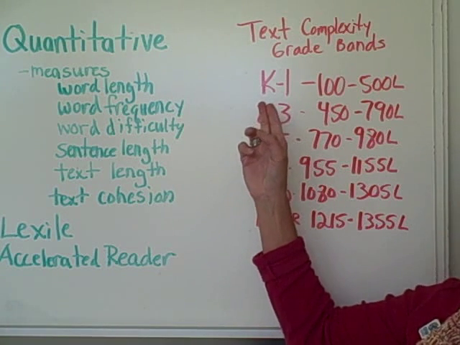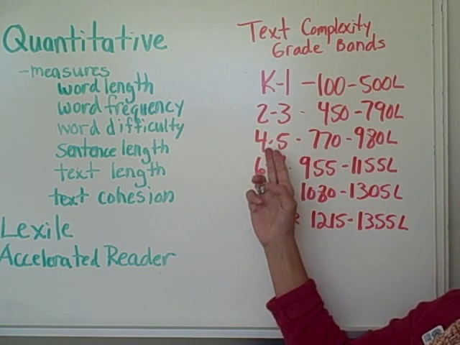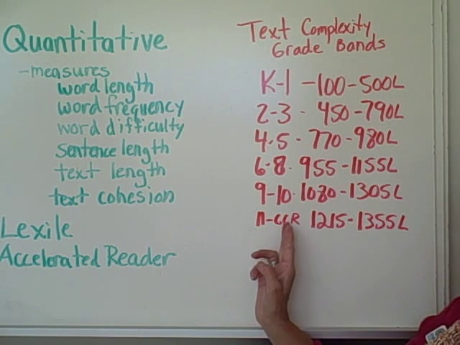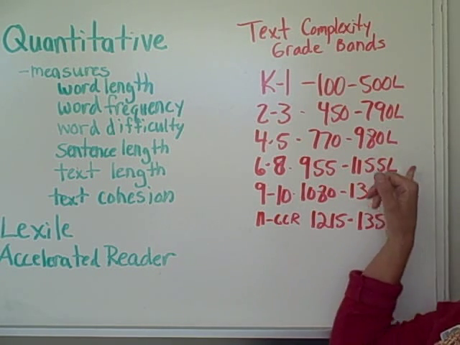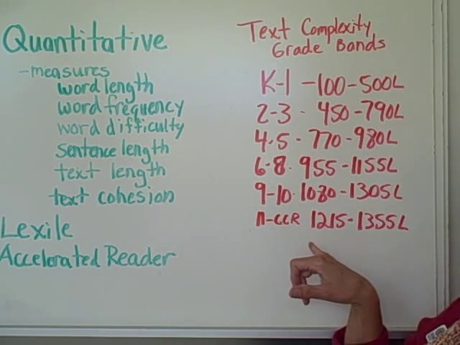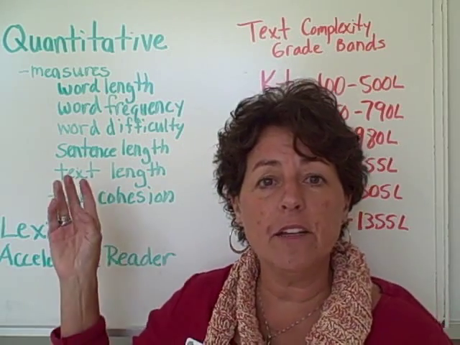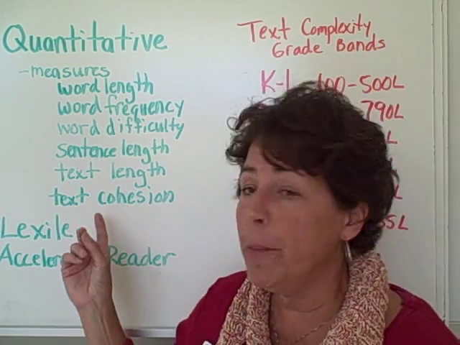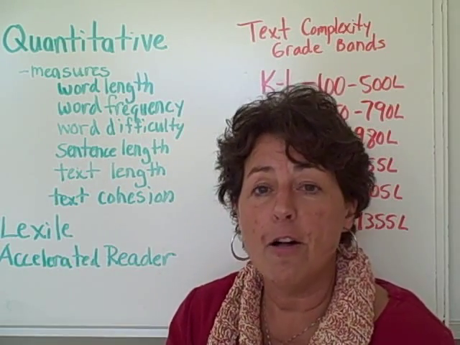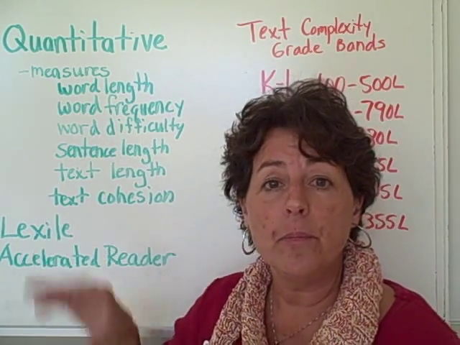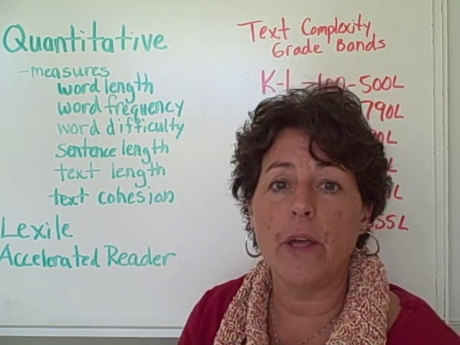We have K-1, 2-3, 4-5, 6-8, 9-10, 11th to college and career ready. And you'll see these are the Lexile bands. And again, this is quantitative. It is determined by a mathematical calculation where they put all of these numbers in and it comes up with a level.